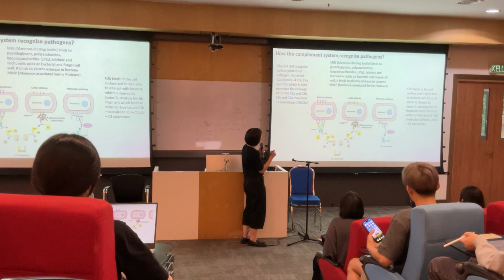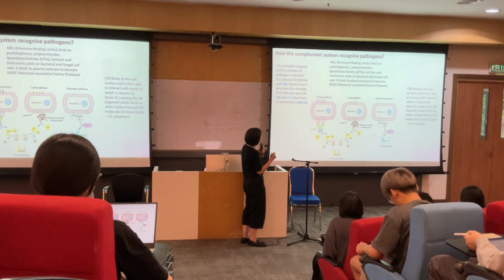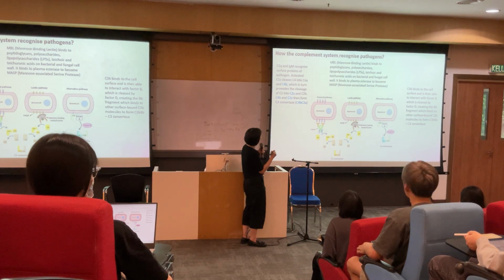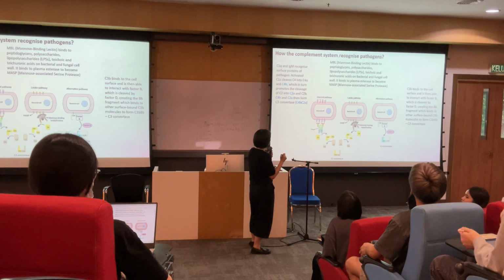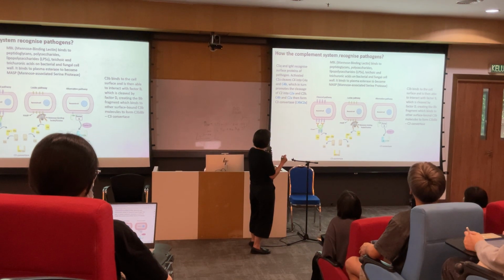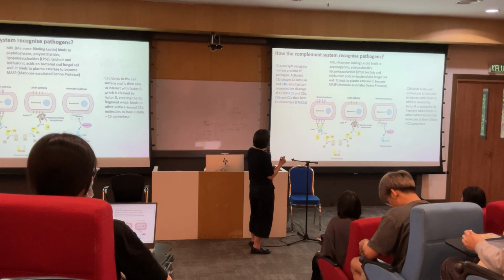So for example, in the classical pathway, you will have the antibody. Let's say an antibody can target any of the glycoproteins or receptors on the bacterial cells. Once the antibody binds on it, C1q from the complement comes in.